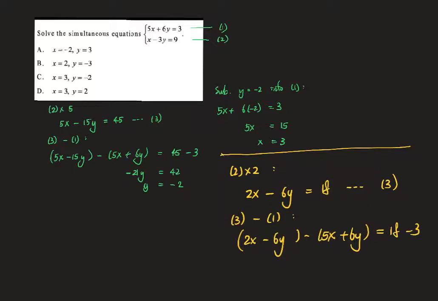Sorry, I should use the addition. And the term y will be eliminated, and x equals 3. We get the same answer. So for this question, again, we have at least 2 ways to solve the simultaneous equations.